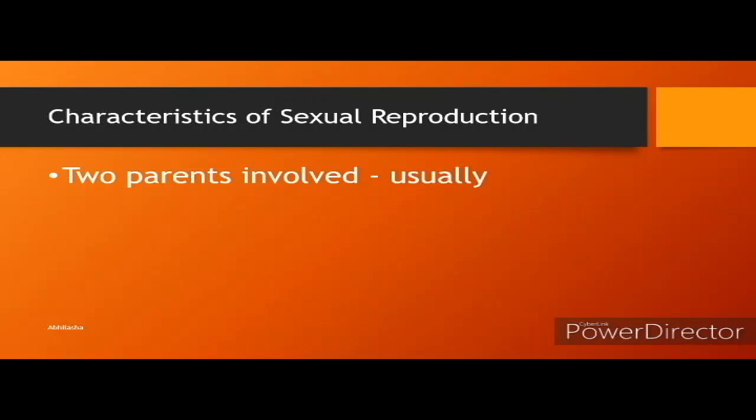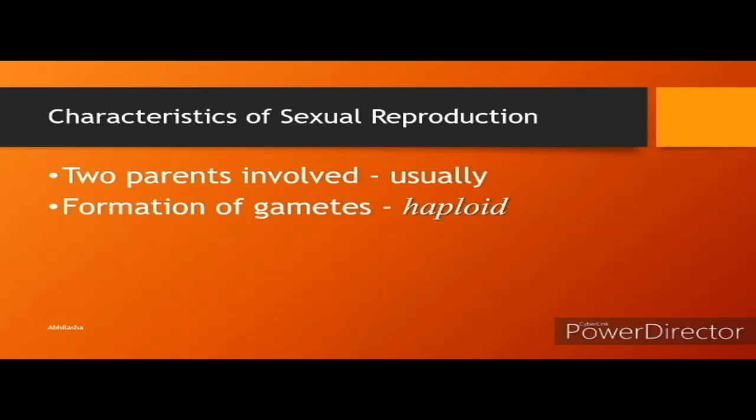The second characteristic is formation of gametes. Right in the definition we said fusion of gametes. So for fusion of gametes to occur, the male and the female gametes have to be formed. The special feature of these gametes is that they are haploid, that is, they contain only one set of chromosomes, denoted as small n. Now, normally an organism has 2n chromosomes, that is, it is diploid.